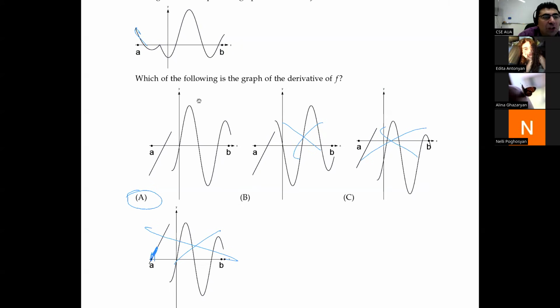So concavity, etc., everything is preserved in the graph of A. So the graph of A is indeed the derivative of f. The rest, B, C, D, we have eliminated easily. The tricky part is whether A is correct or none of the above is correct.